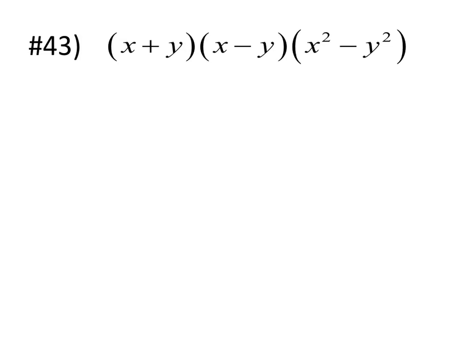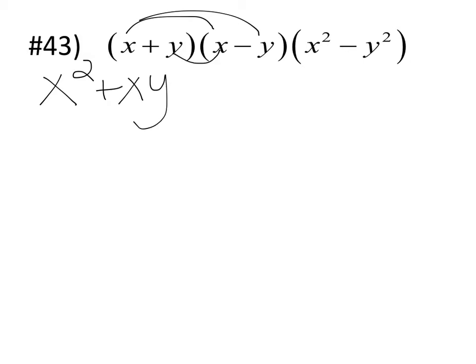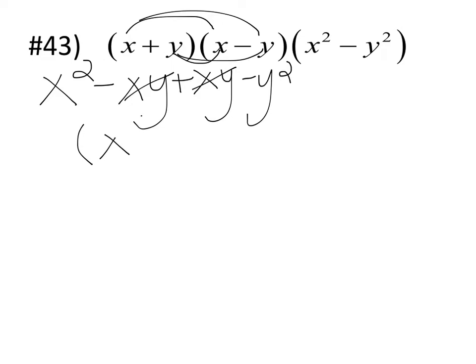Now here, you've got sum and difference of two terms in the first two binomials, but you can also just distribute. So you get y squared plus xy, minus xy plus xy minus y squared. Your middle terms cancel, leaving you with x squared minus y squared.